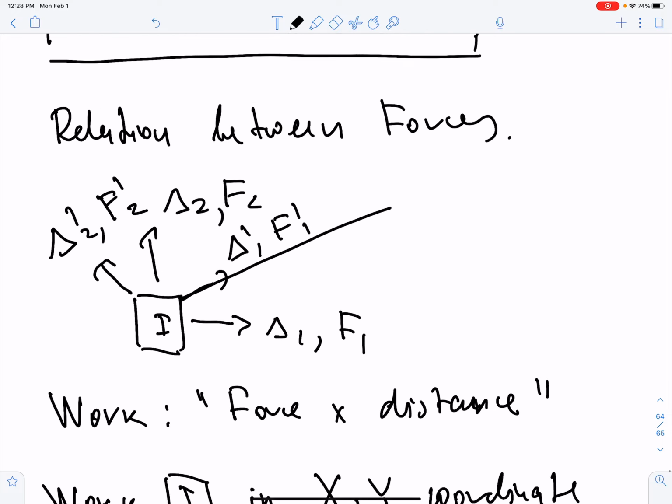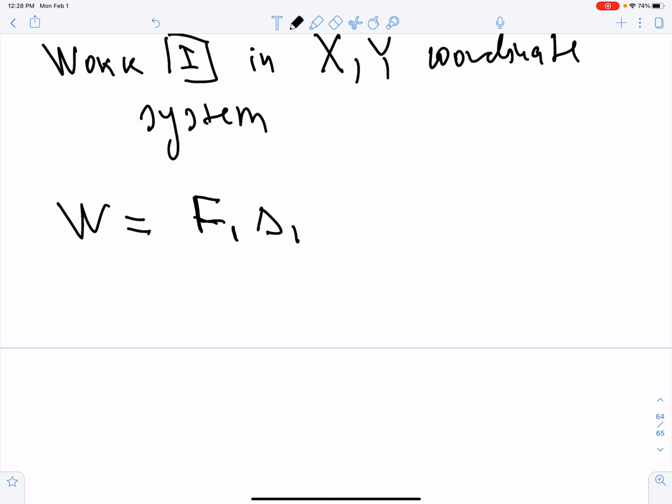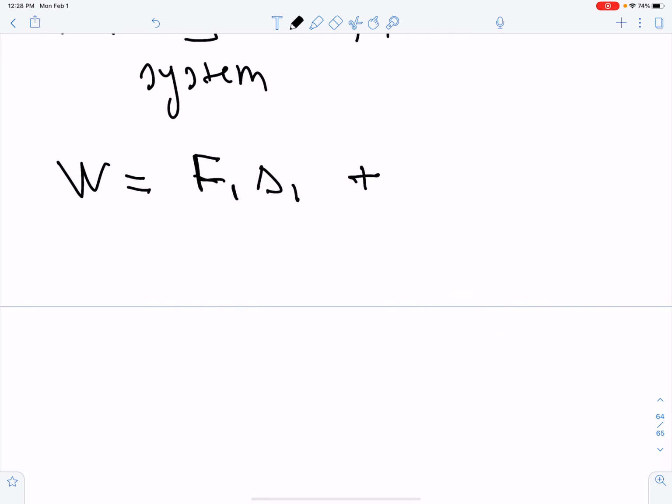But there's a second component of the force and the displacement that contributes to the work expression, F2 times delta 2. So basically, this is the work done by a force vector at node I, undergoing a displacement at node I.